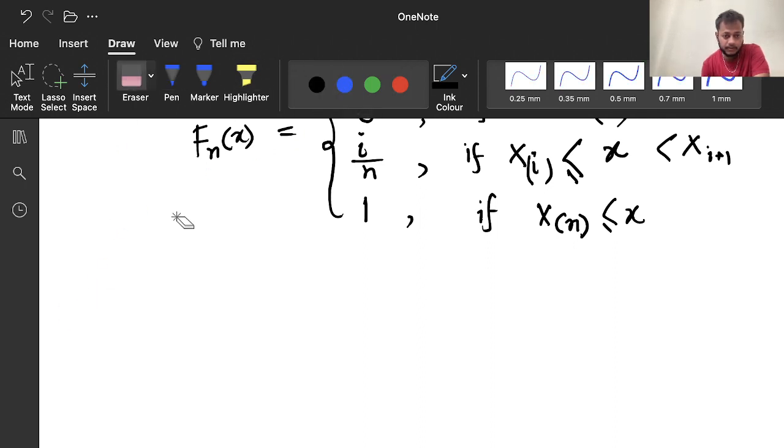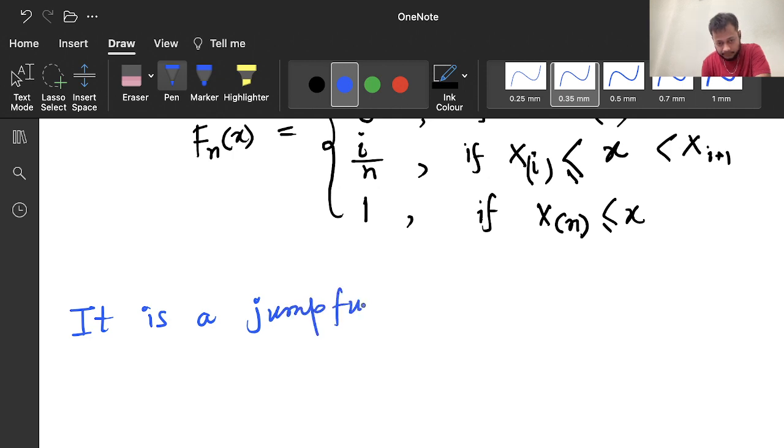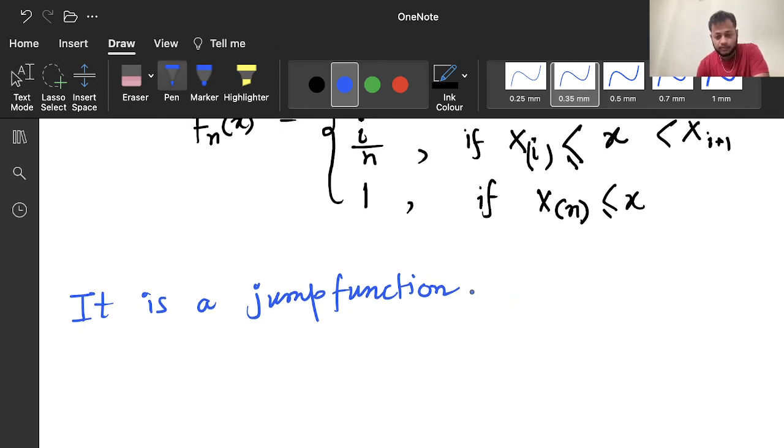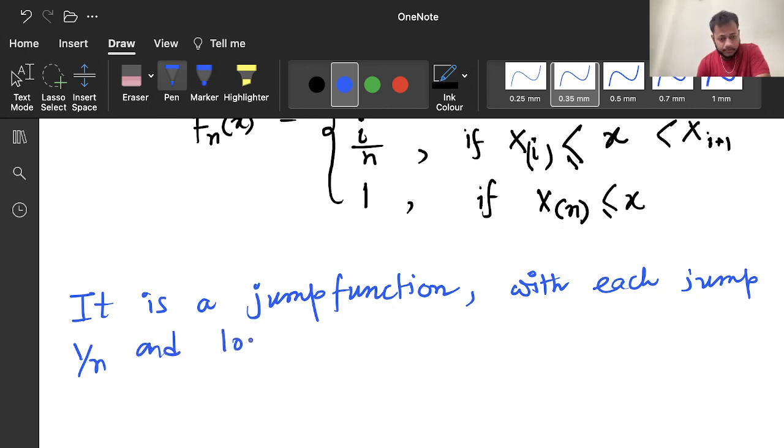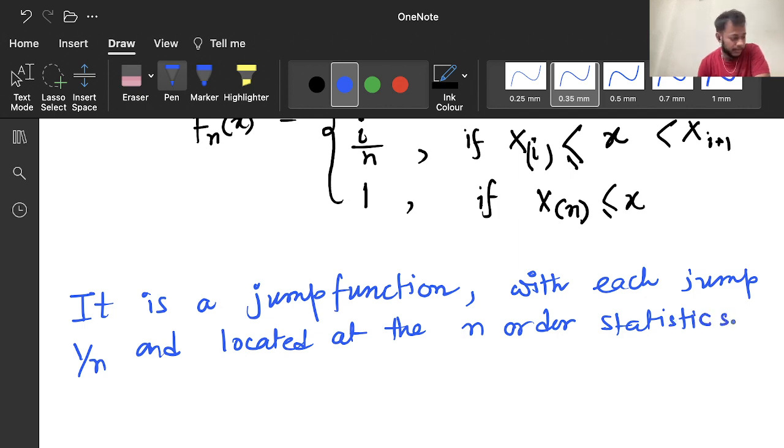So you see, it is a jump function, with each jump being 1 by n and located at the n order statistics.